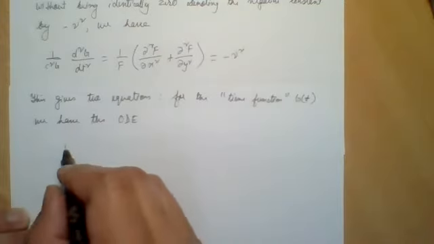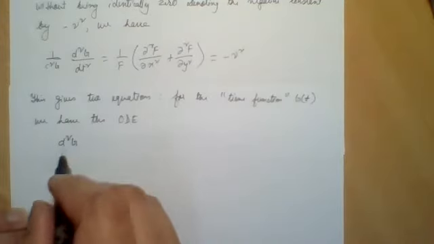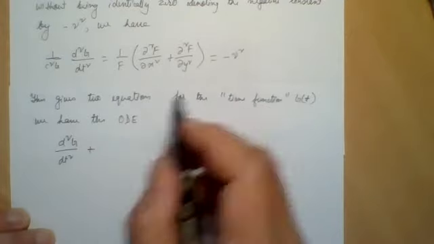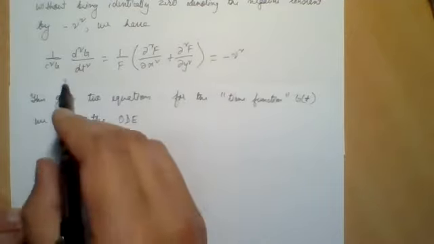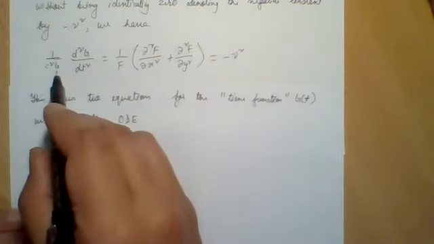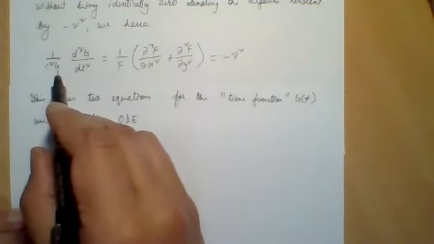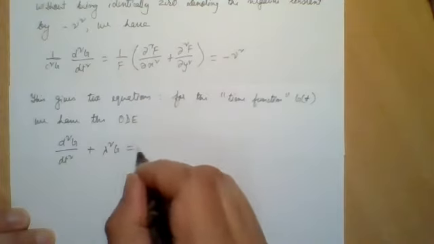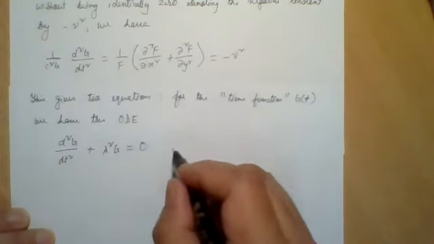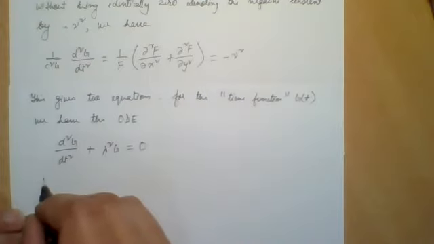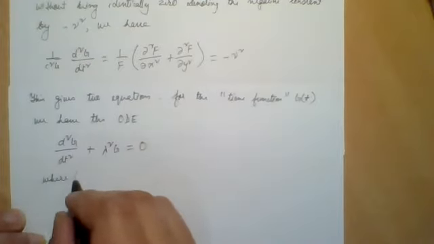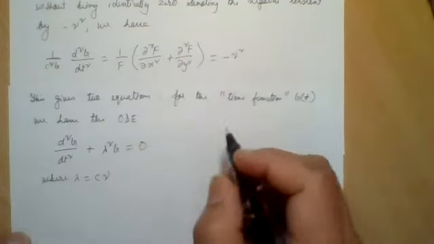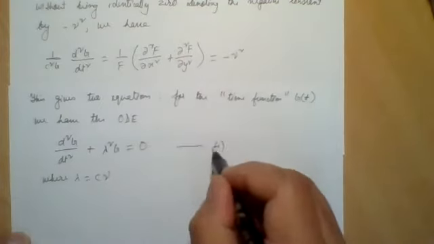So I should have d2g by dt square plus c square nu square g. And if I write c nu as lambda, then we have lambda square g equal to 0, where lambda equal to c times nu.